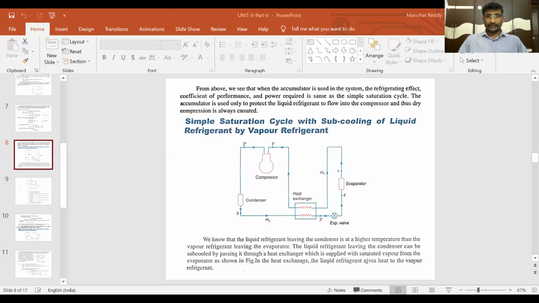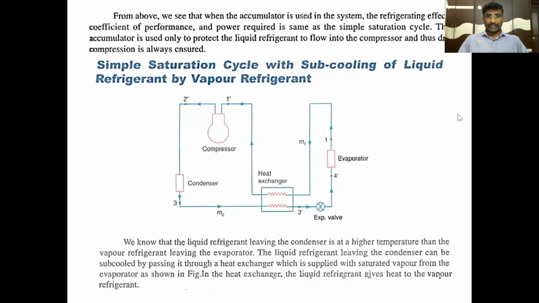We can improve the performance of the cycle by a vapor heat exchanger. This is the third method: a simple saturation cycle with subcooling of the liquid refrigerant by the vapor refrigerant, by introducing the vapor heat exchanger. This is one of the heat exchangers placed.